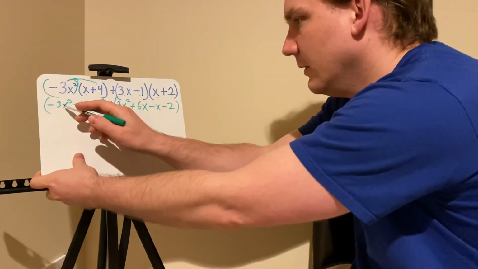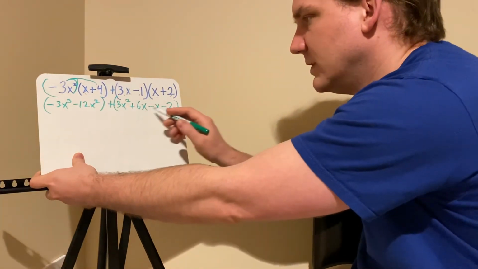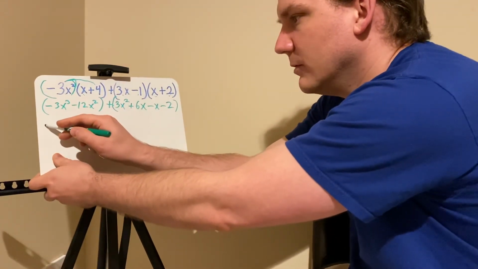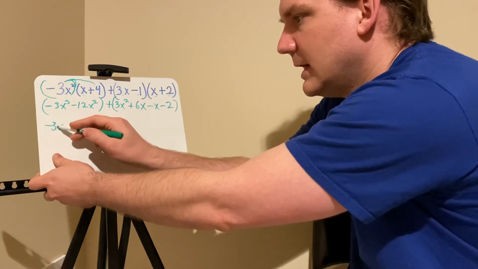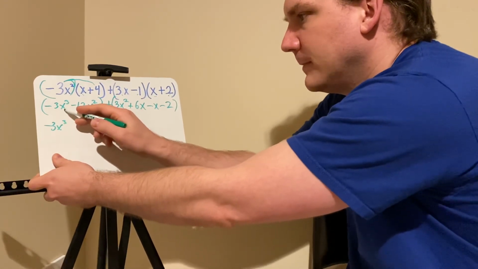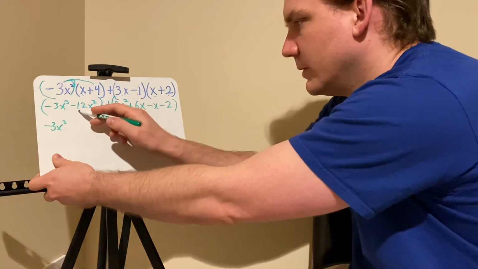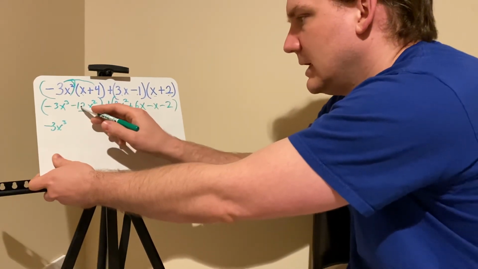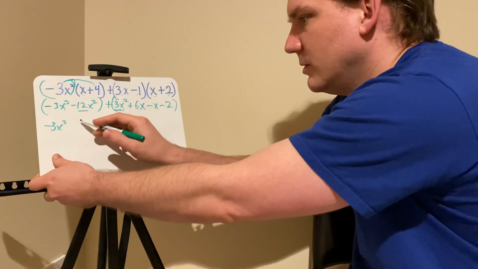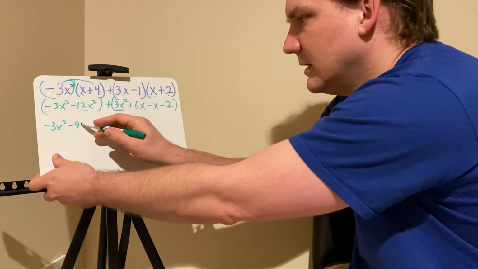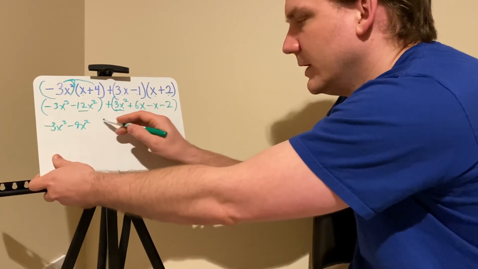So I can look here, I have an x to the third term, that's the only one. So I could start writing negative 3x to the third. Now I have a negative 12x squared. I also have a 3x squared, and that's it. So negative 12 plus 3 would be negative 9, so negative 9x squared.